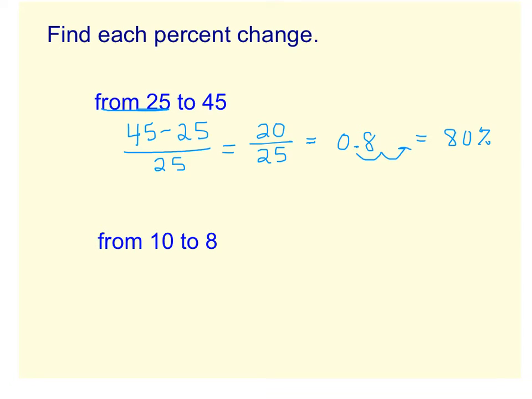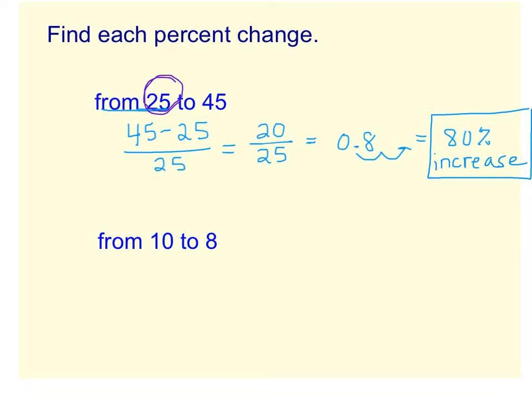And you look back at the problem and you say, well, I went from a 25 to a 45, which is bigger, so that means it's an increase. So 80%, we just write the word increase with it. And that's our answer.